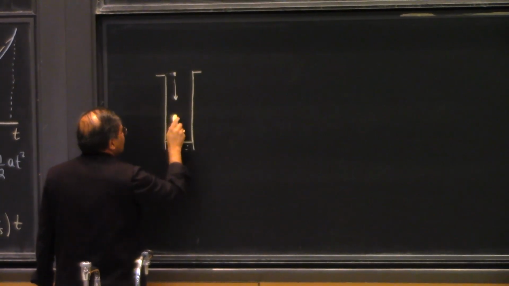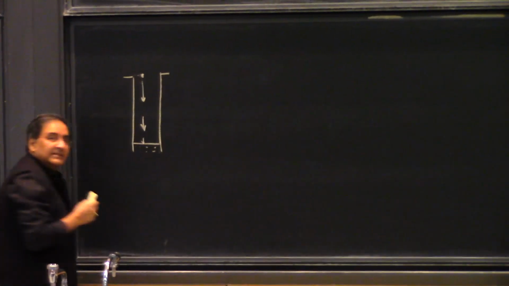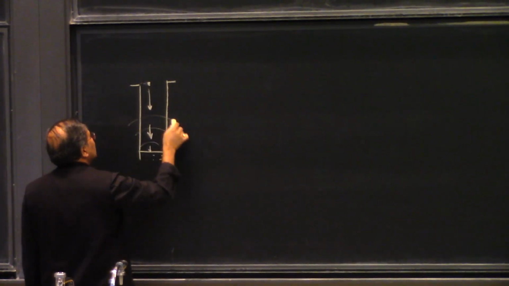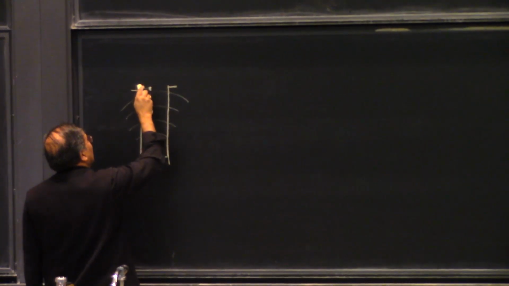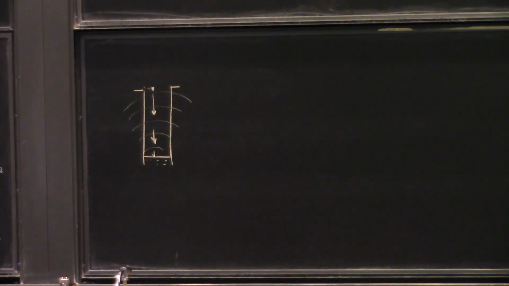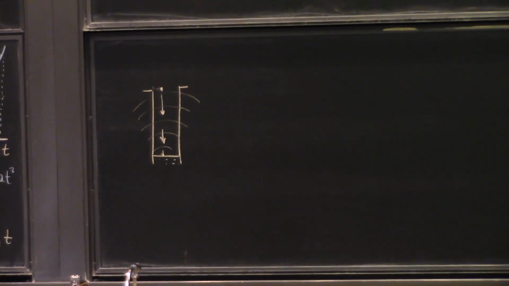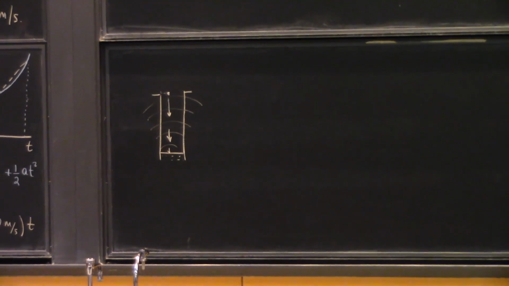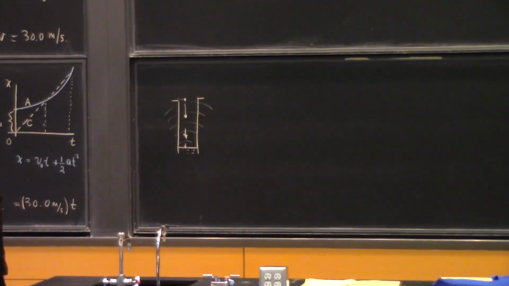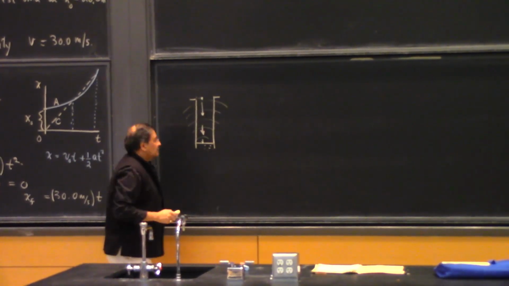So this thing drops and ultimately hits the water, and as it hits the water there is a noise, and then this noise comes back out and you can hear it at the top. So the question really is, if you know how long it takes between you dropping the rock or whatever and hearing the noise, then whether you can figure out how deep the water is in the well. Okay, so that's the question.